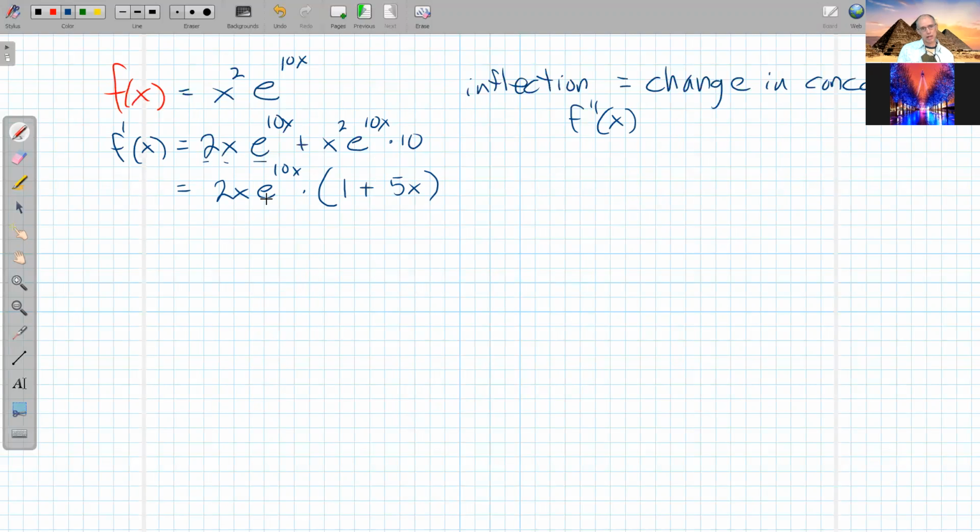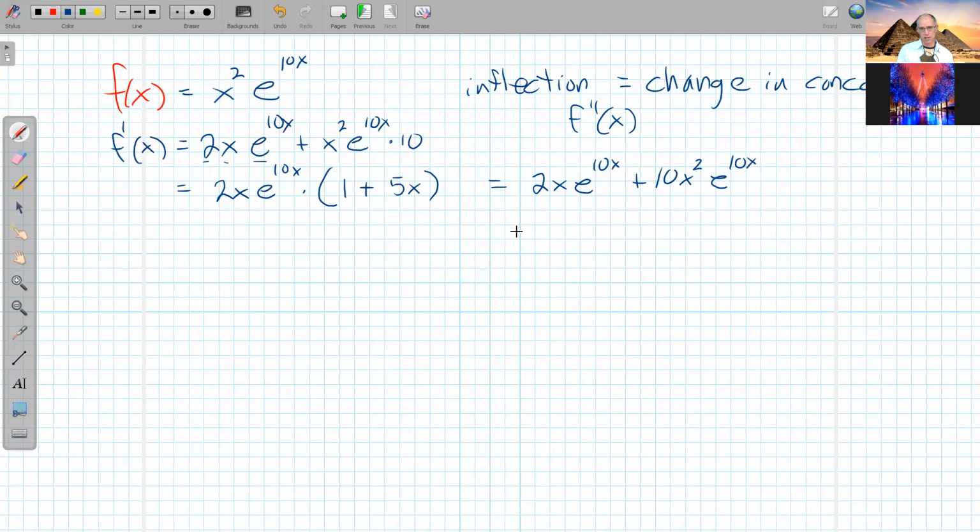But then we have product of three functions versus product rule, product rule. I think they're about the same difficulty. So we could either use this version, or the other version is, I guess we could just write that as 2x e to the 10x plus 10x squared e. Ooh, I think I see an easier way to write this.